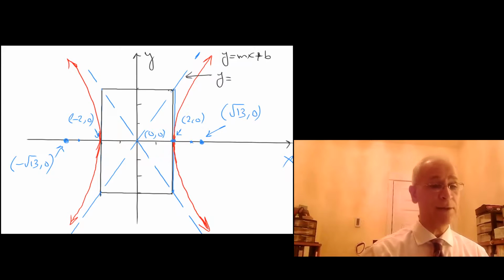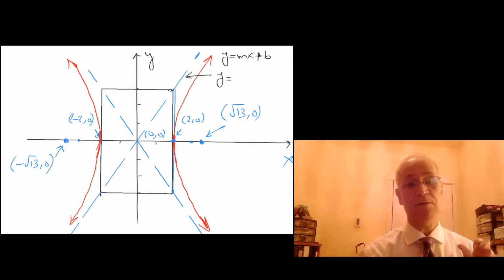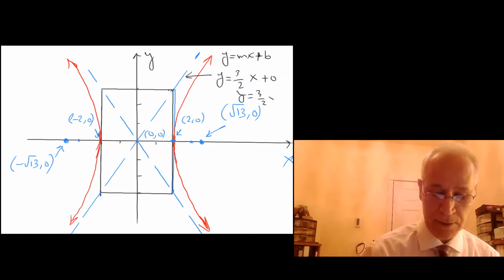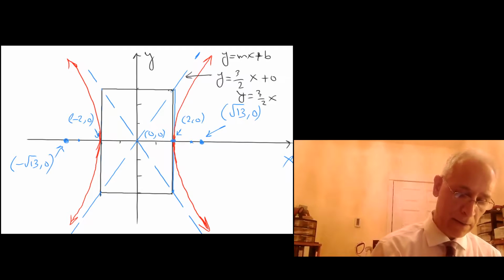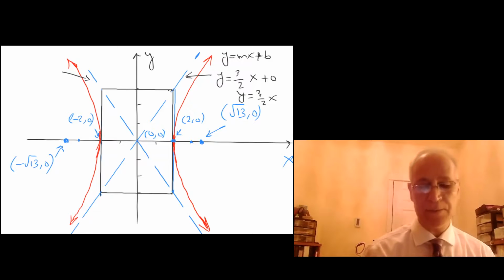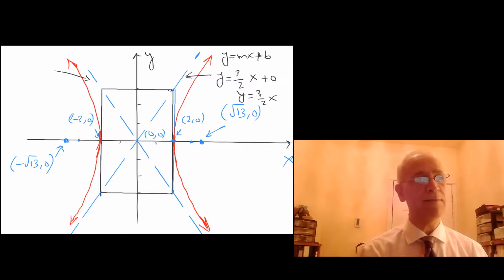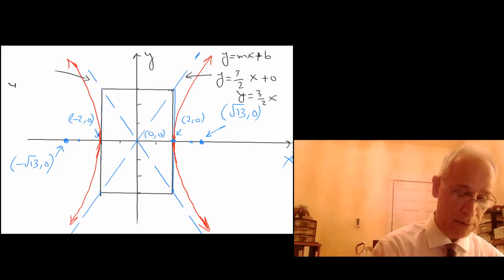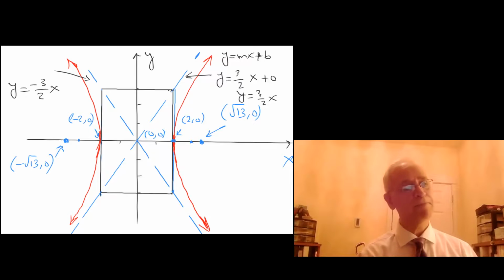The rise is 3, because remember b was 3, over 2, x, and the y-intercept is 0, so y equals 3 over 2x. And this asymptote right here has the same value except it's going down, so y equals negative 3 over 2x. And that's all we can tell about this hyperbola.